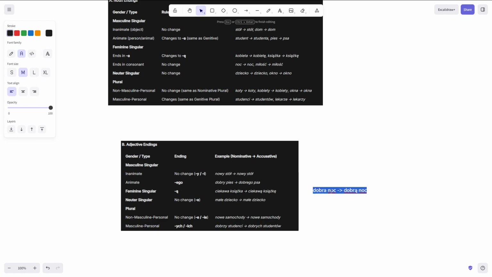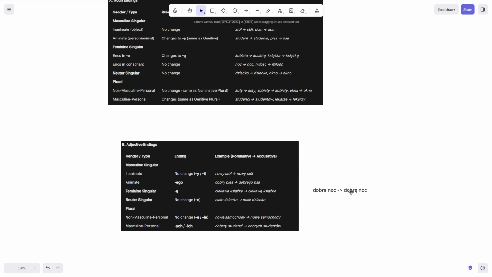And that's why a good night, dobranoc, changes to dobrą noc, for example, okay? Okay. So be careful with that one. That there is no change for the noun, but there is for the adjective here. So for every feminine, the adjective has to end with ą.